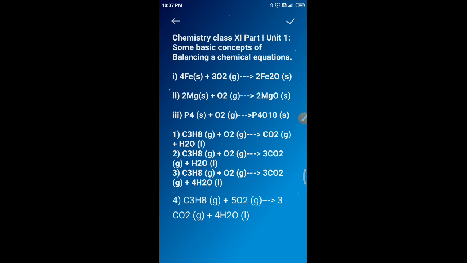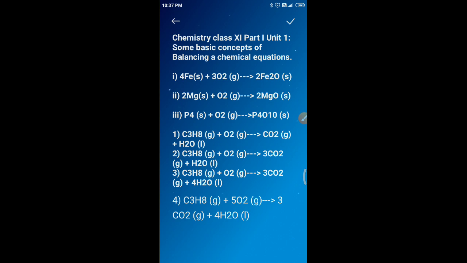In the third step, we'll find out how many hydrogen atoms are required. On the left side of the equation there are 8 hydrogen atoms, but on the right side of the equation we have only 2 hydrogen atoms.